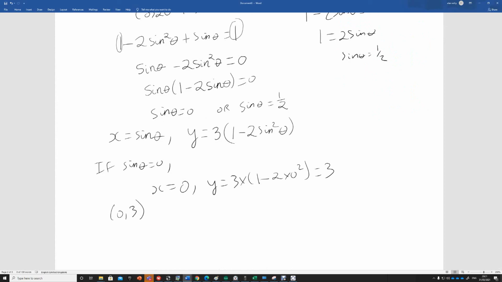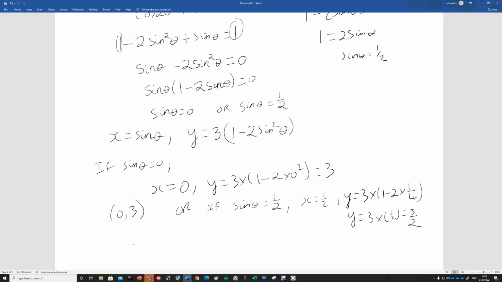Or if sine theta is a half, we get x is equal to 1/2 and y is equal to 3 times (1 minus 2 times a half squared, which is a quarter). So I have 1 minus a half, which is a half. Now you can use a calculator for that if you like, so y is just 3/2.